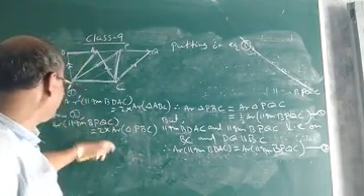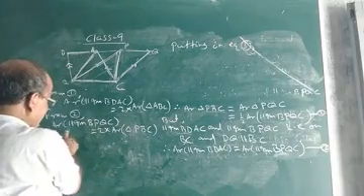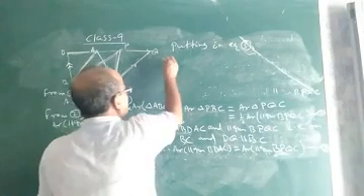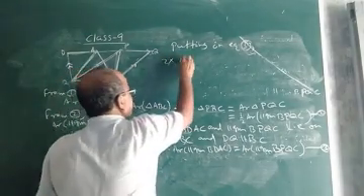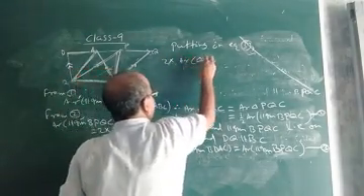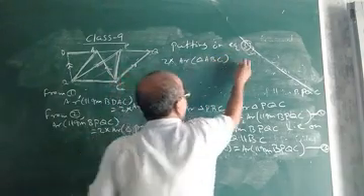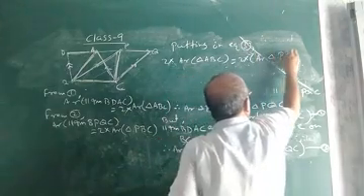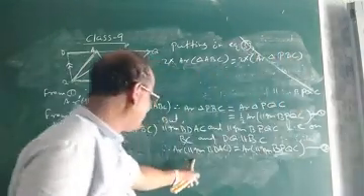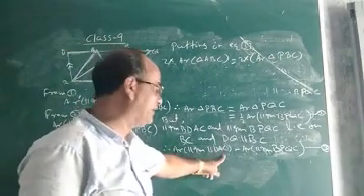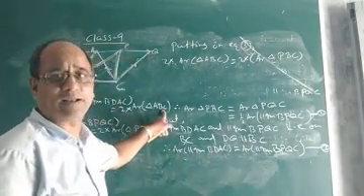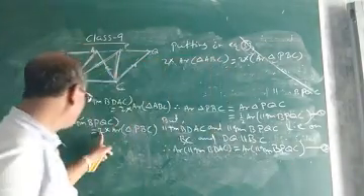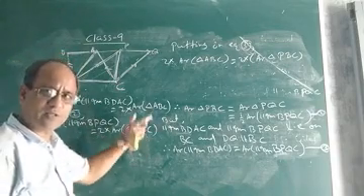Now if you compare, since area of this one is equal to area of parallelogram BPQC according to equation 3, therefore 2 into area of triangle ABC equals 2 into area of triangle PBC. That means in place of area of parallelogram BDAC, you put 2 into area of triangle ABC. In place of area of parallelogram BPQC, you put 2 into area of triangle PBC. So they will be equal.